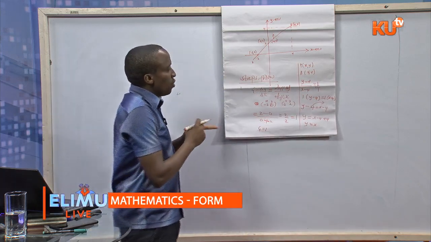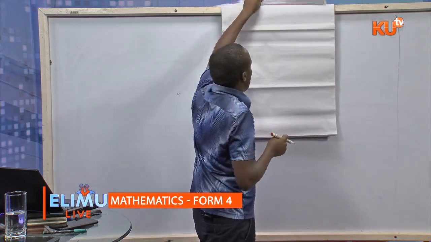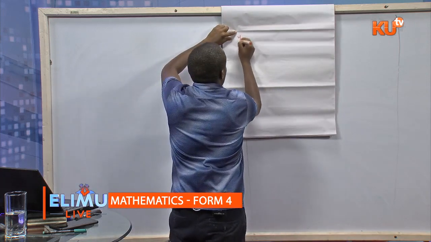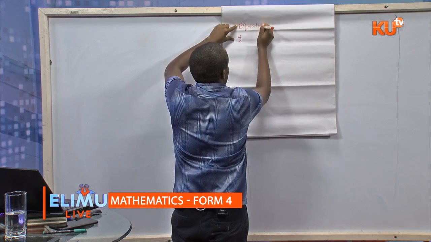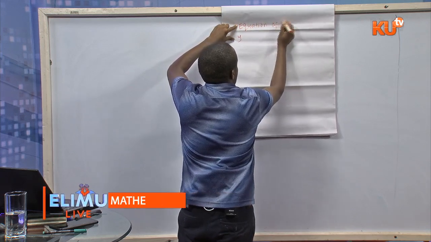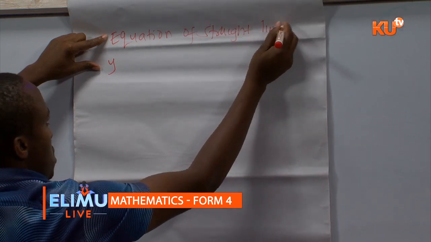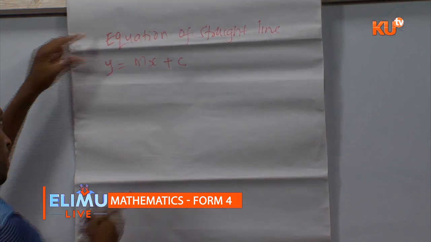Let us now come to the general formula of the equation of a straight line. The equation of a straight line is y is equal to mx plus c.